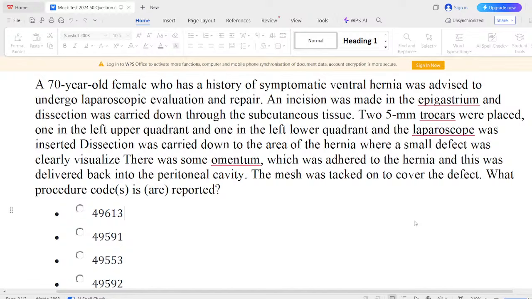Symptomatic is considered as incarcerated, Akash. If symptoms are involved, you can take the incarcerated code.